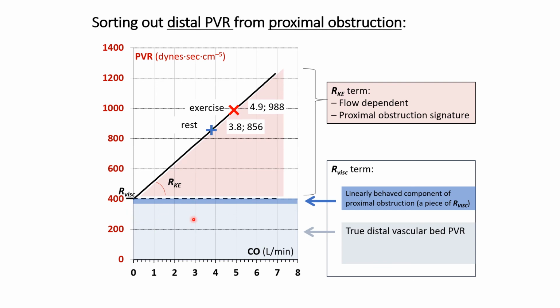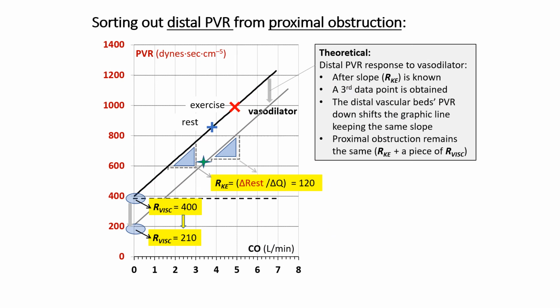And in this lighter blue, we have the true distal vascular bed. And how would I get the line? I need 2 points, right? I need one at rest and one at exercise. And then I will have delta P equal to AX plus B. And the B would be the resistance as I put here, 400.